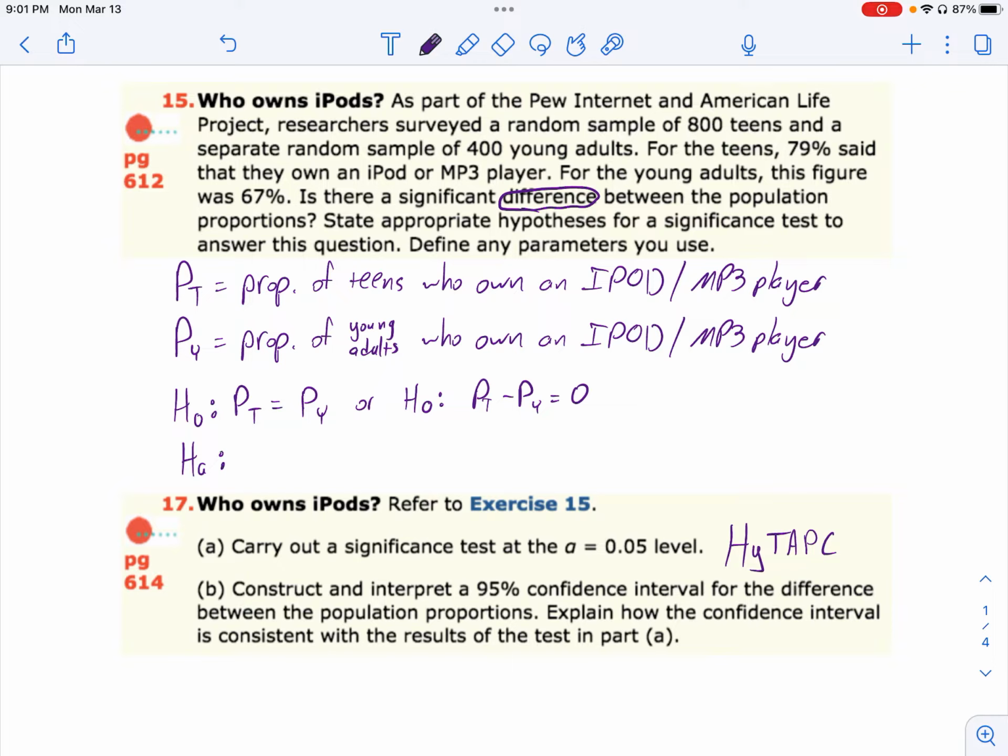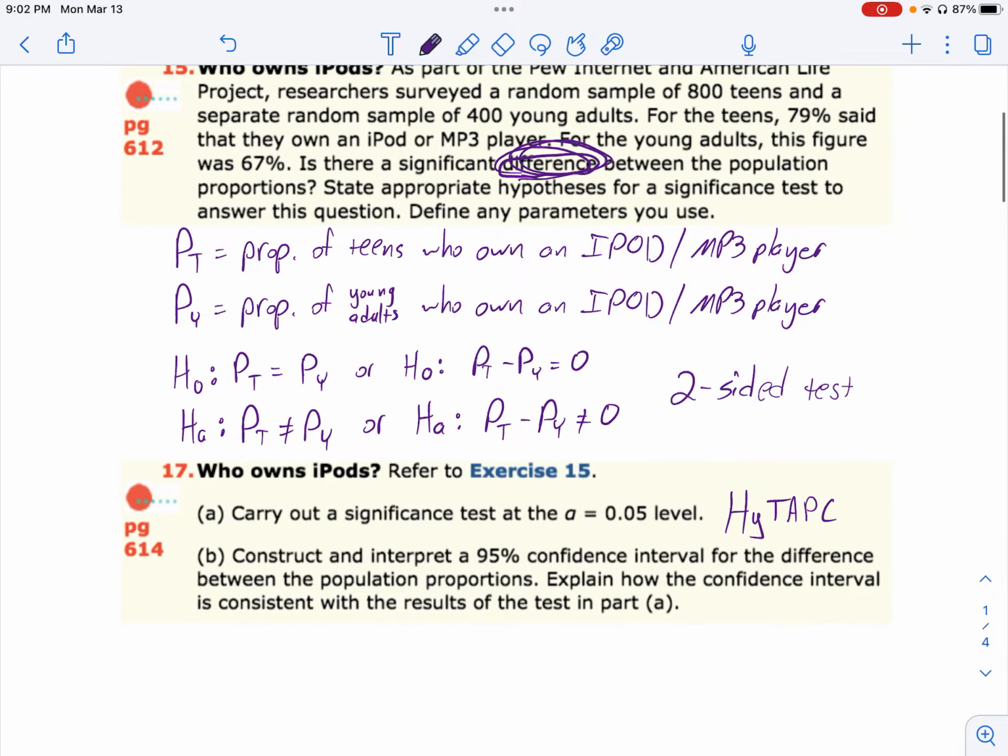The alternative is that they have a difference. So that would just be PT is not equal to P sub Y. Or again, if you write it as a subtraction, if they're not the same, when you subtract them, you will not get 0. So this would be a two-sided test, by the way.